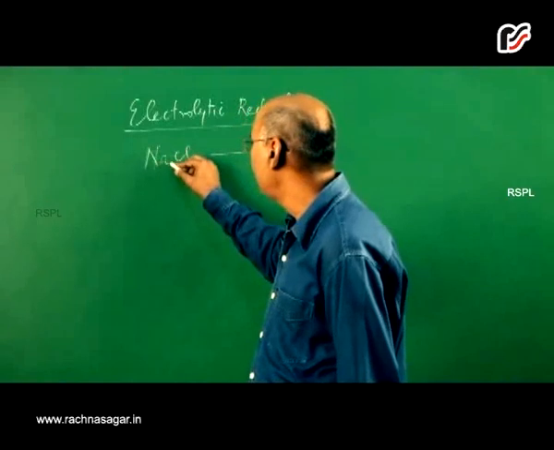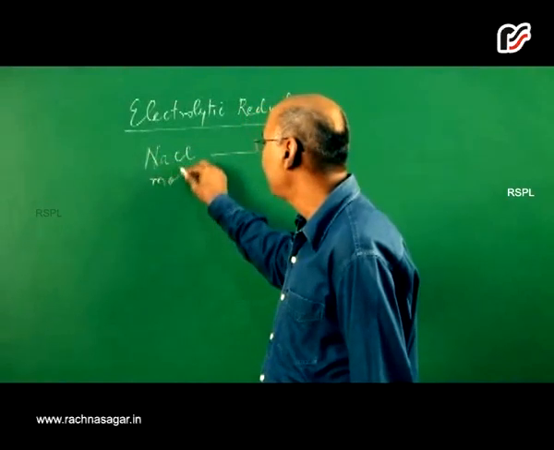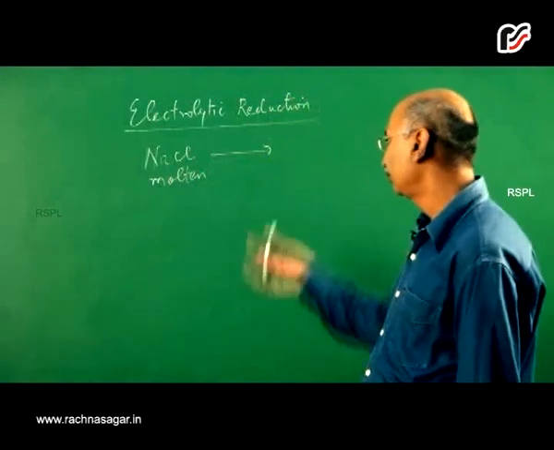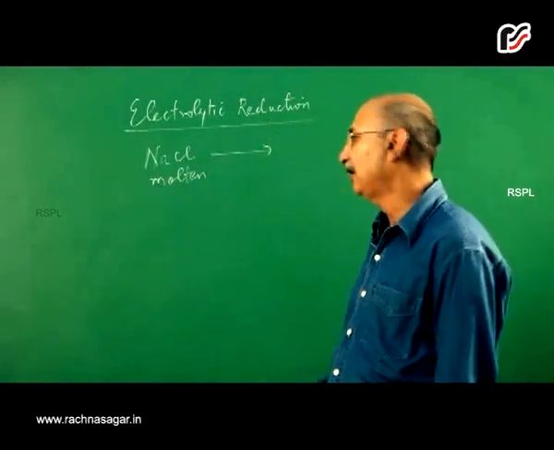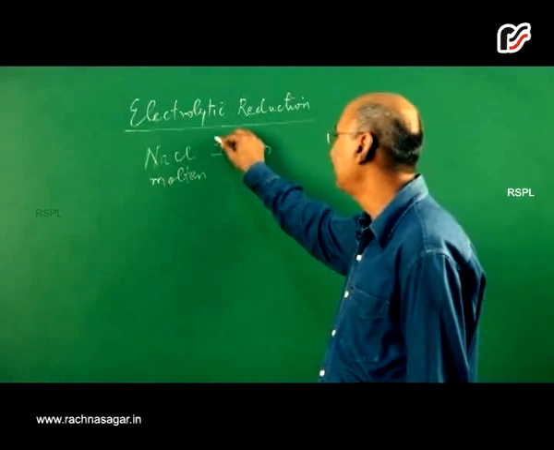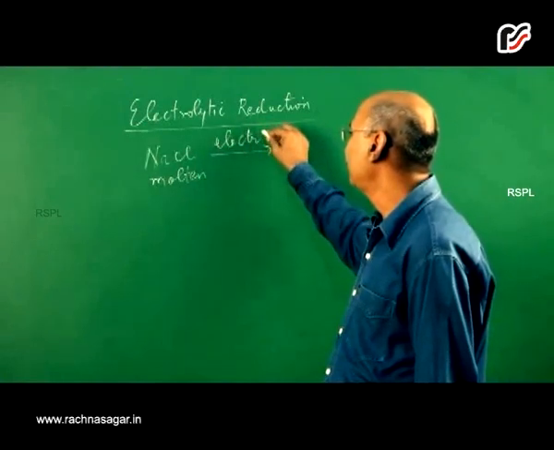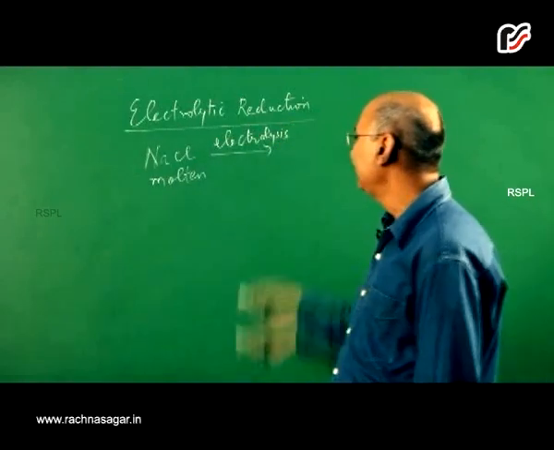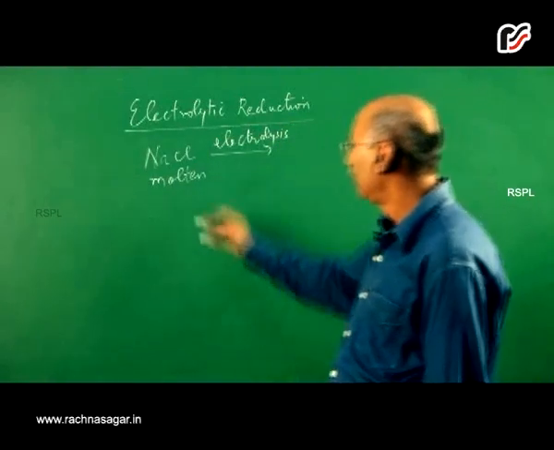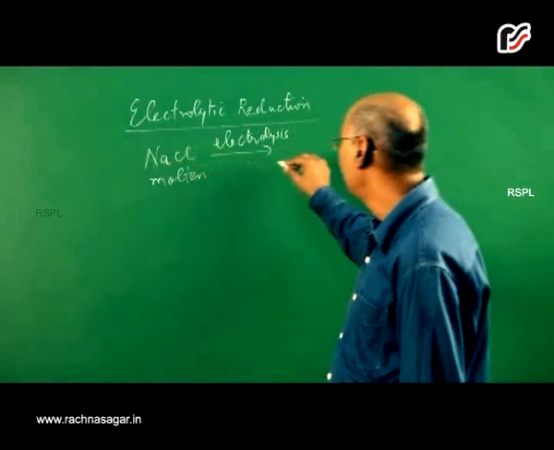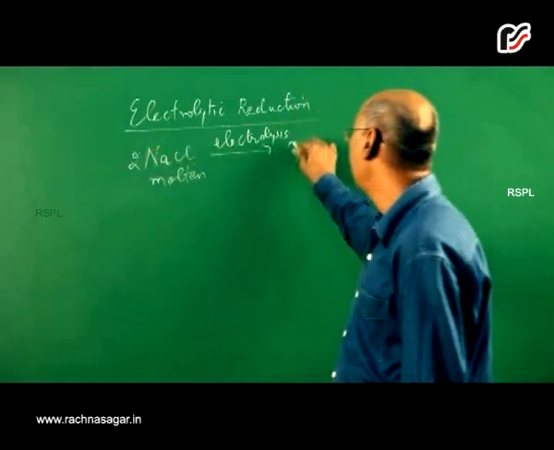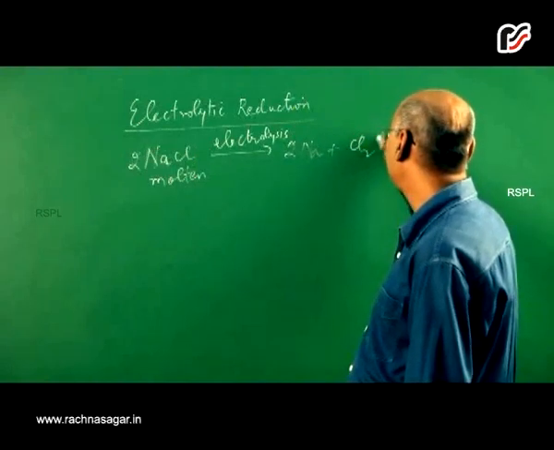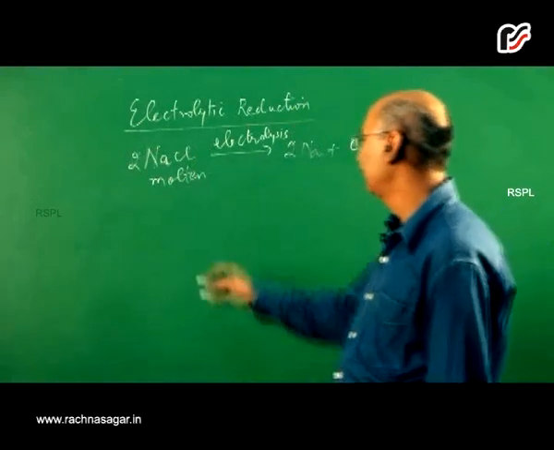For example, if you want to extract sodium metal, you have to take molten NaCl. Sodium chloride has a very high melting point. It is mixed with calcium chloride so as to reduce its melting point as well as increase electrical conductivity. When electric current is passed, we will get sodium metal, and chlorine gas will be formed. This is the net reaction which is taking place.